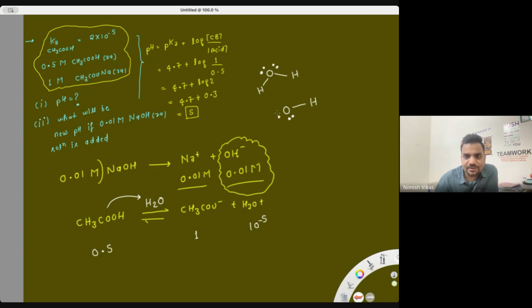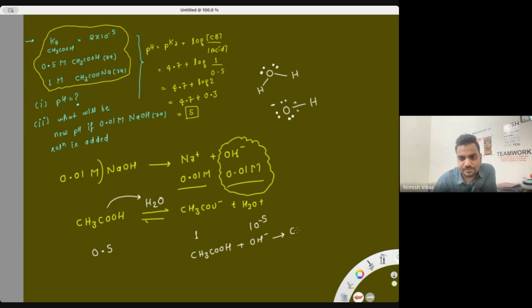It has 3 lone pairs. The moment OH minus ion comes in solution, acetic acid will stop reacting with water and it will react with OH minus ion. Even more stronger base. With water, it was struggling to react. It was very poor dissociation, but OH minus ion is such a good base, it will take all the H plus acetic acid can give to it.